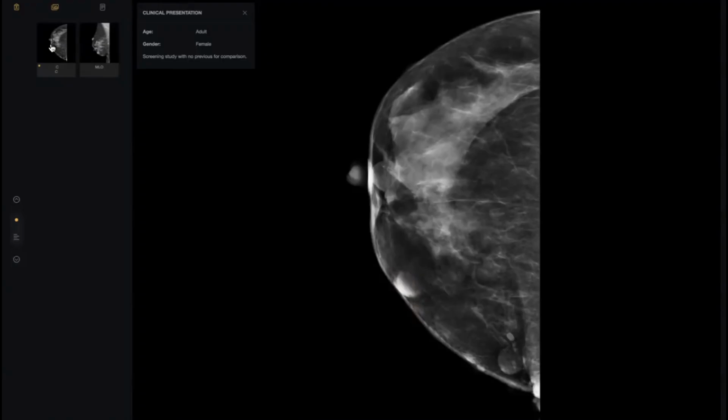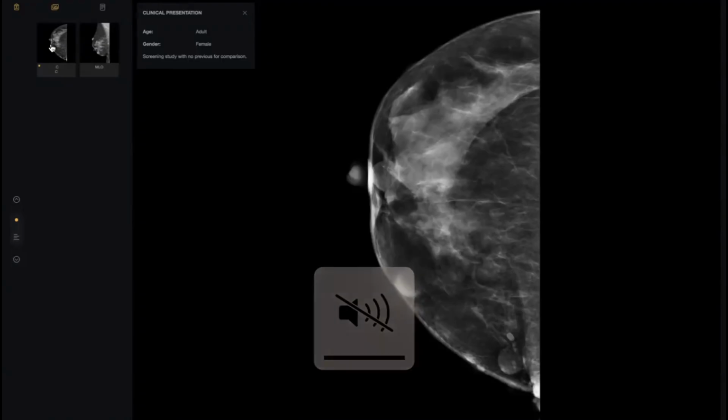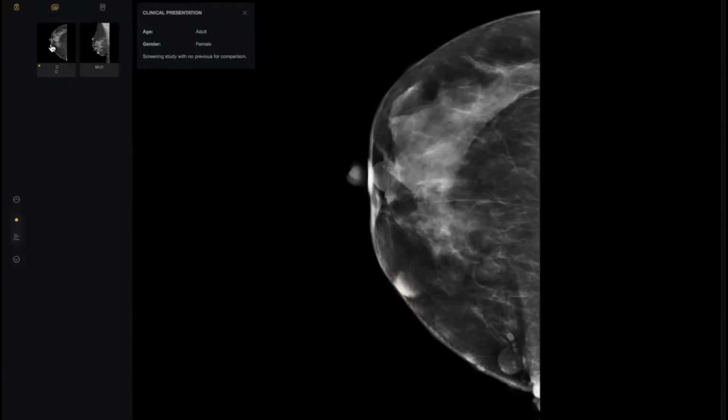There are multiple rounded densities. They have one sharp border that is outlined by air, and the second border is obtuse. They involve the central and lower quadrants, inner quadrant of the right breast. They likely represent skin lesions, skin tags.